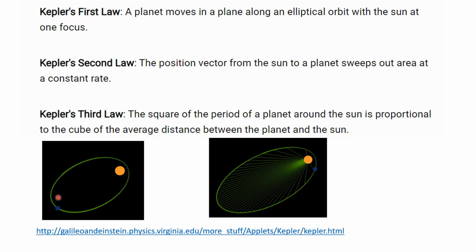And over here, what you see is that there are strobe lights going at equal time, and you can see that it does carve out equal areas in equal time. So that means when you're close to the sun, you get bigger slices. The angle changes more than if you go out here, but you see the area of each of these slices is the same. There is a wonderful app at this website. I'll refer to that later, and I would encourage you to go to that and look at this. But this is what Kepler's laws say.